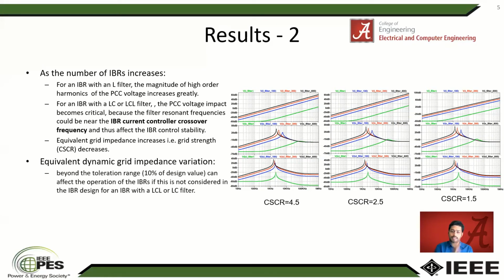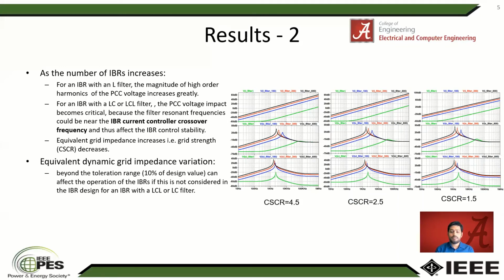What happens? So let's analyze the results from the first column to the third column. We will be able to see the variation more for LC and LCL filters, not for L filters. There is an assumption when we design the inverters, that we can allocate the impedance values mostly for a maximum of 10% of design value.